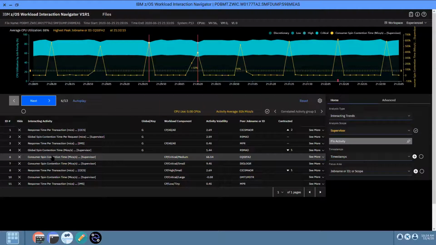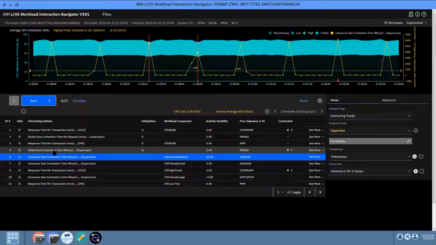Just to backtrack a little bit, contention time on those spin resources basically means that when there's a request for a system resource that is a spin resource and it's not available, the CPU basically has to spin to get that resource.